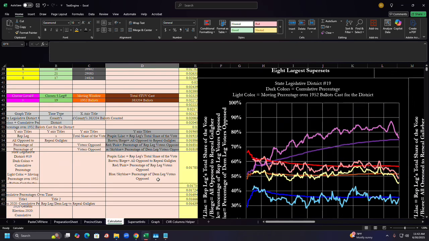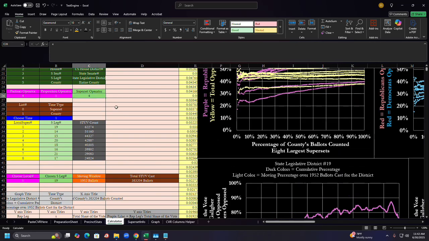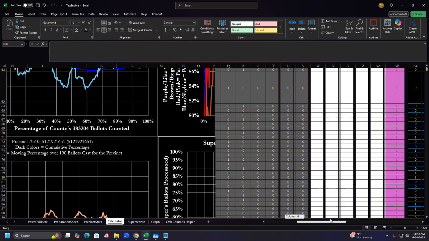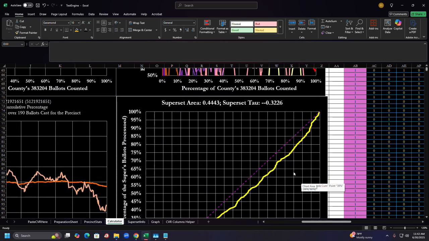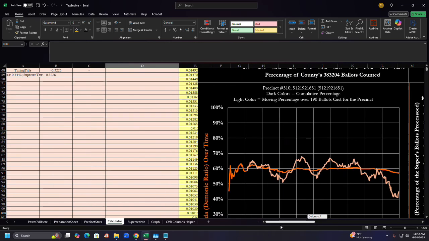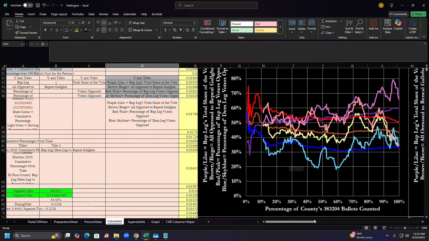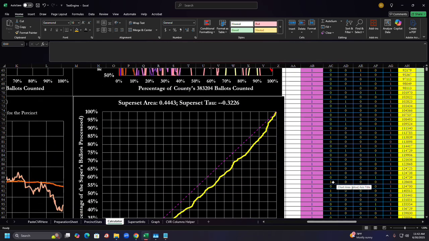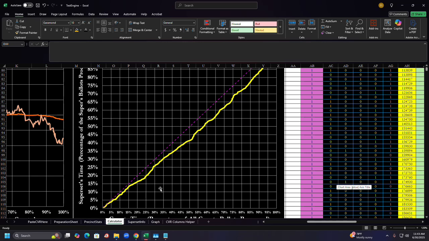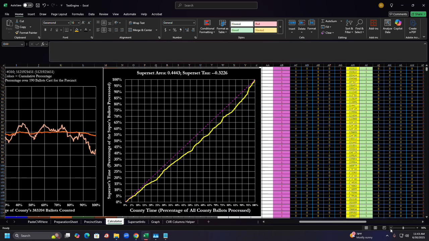Now, if we did something like precincts, we might get something a little different because precincts can come in a little erratically, because they have a smaller number of ballots. So you can see here that this precinct number 310 has a very high Trump share of about 80% of the vote, and its ballots came in kind of slow compared to the county.